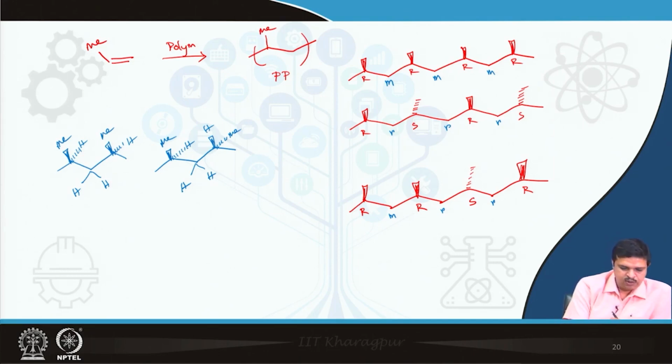So, this is the same configuration. So, R, and this is R, and this is S. And this is the meso.